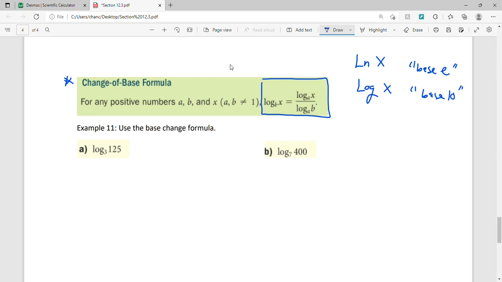Let's look at part A. We have log base 3 of 125. Most calculators don't have a base of 3 on their calculators. So what we need to do is rewrite this as log of 125 divided by log of 3. This is base 10 and my calculator has base 10 on it.